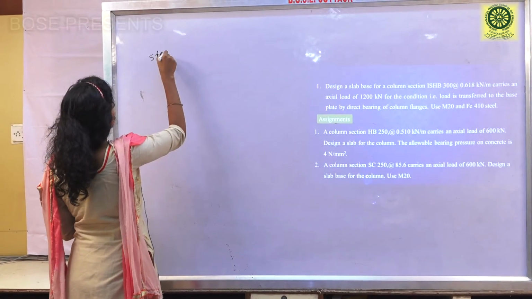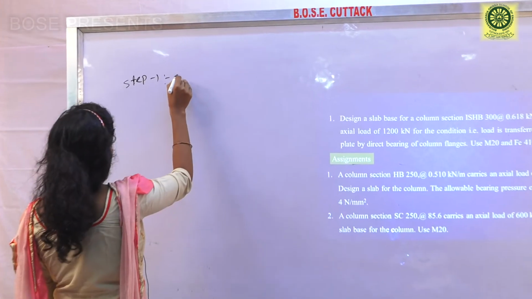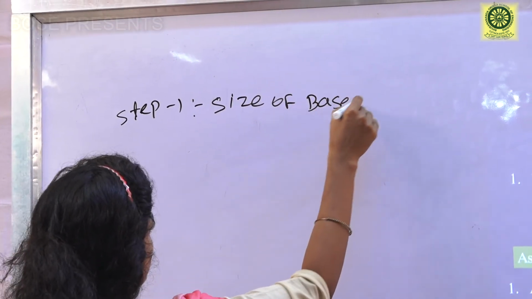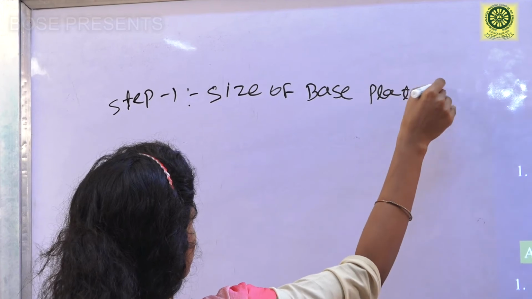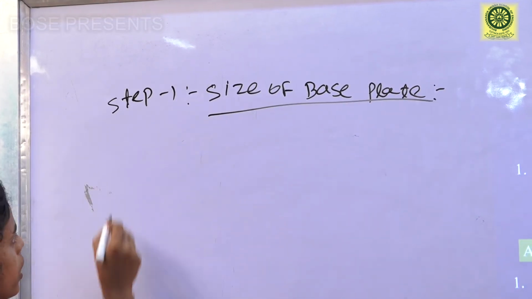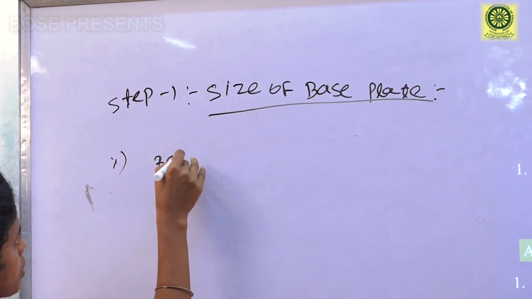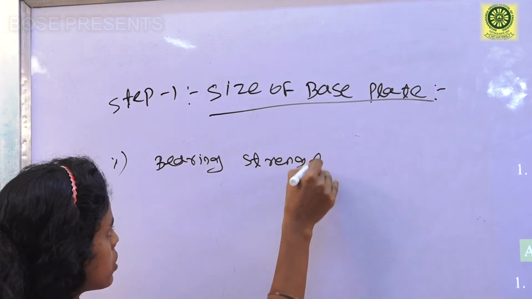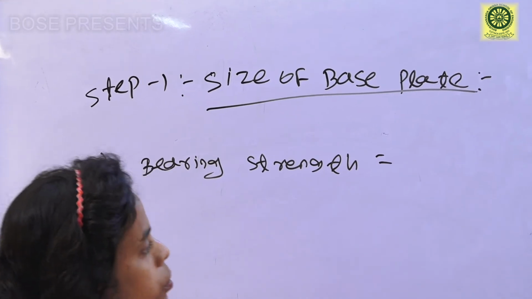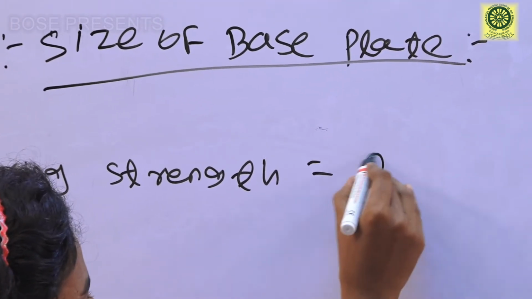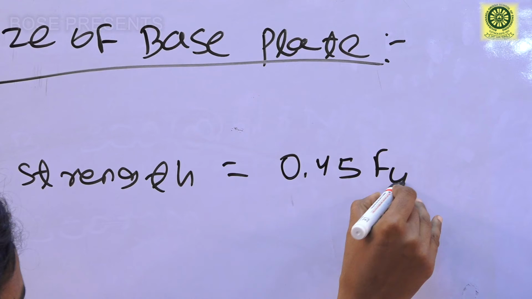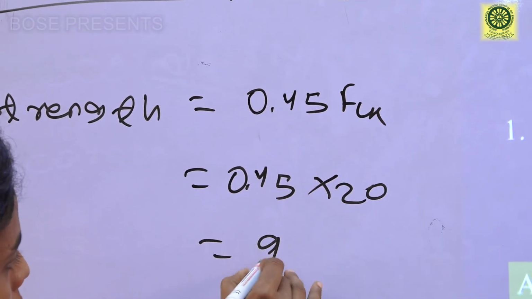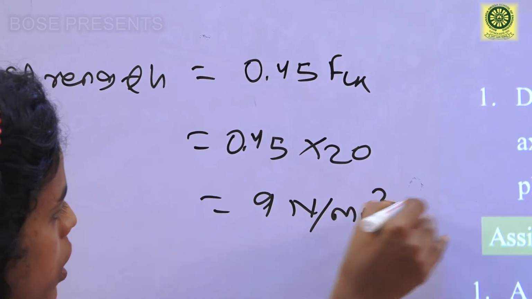What is the first step? First step is bearing strength, I already mentioned the formula, 0.45 fck. That is equal to 0.45 times 20, so 9 Newton per mm square.